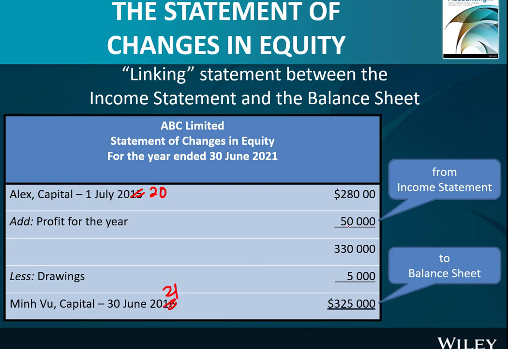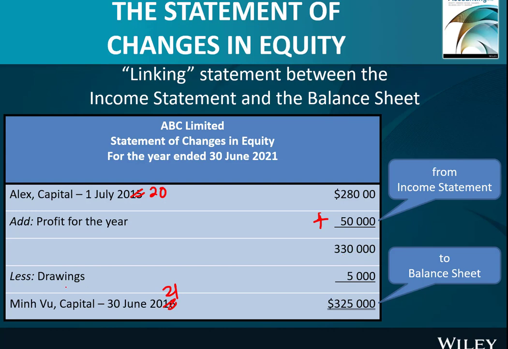You make a profit of 50,000, so the capital will grow to 330,000. So profit will grow your capital. That is why when you run a business, you want to make a profit, because your capital will increase. If there is a loss, it will reduce your capital. So your capital now is 330,000.